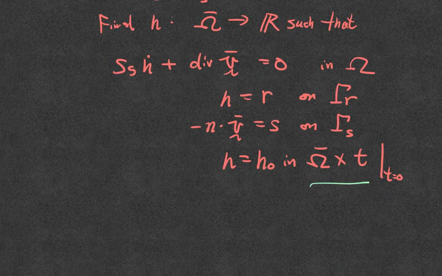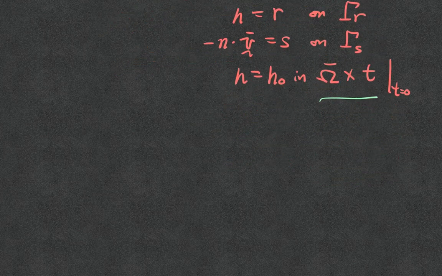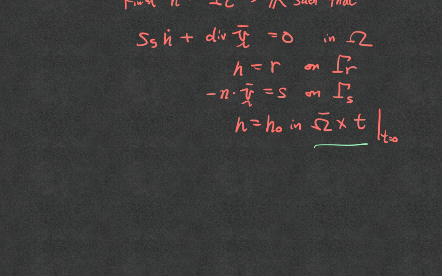Or you can write R plus if you actually want to be more exact. Okay, so this is called initial boundary value problem. Why is it called the initial boundary value problem? Because of these initial conditions.